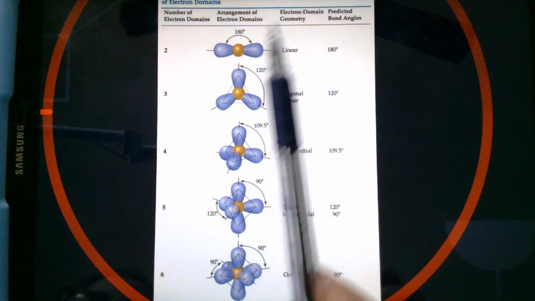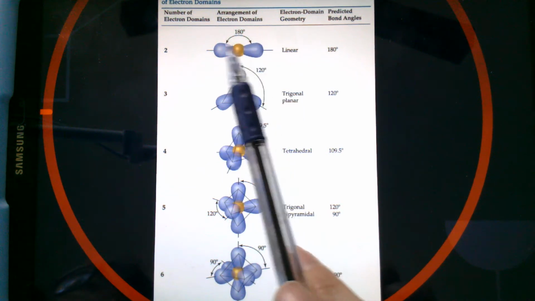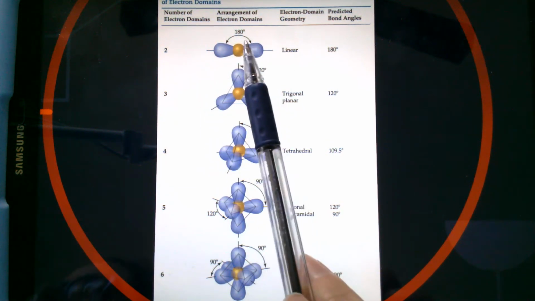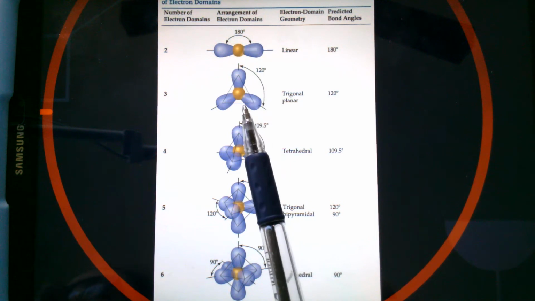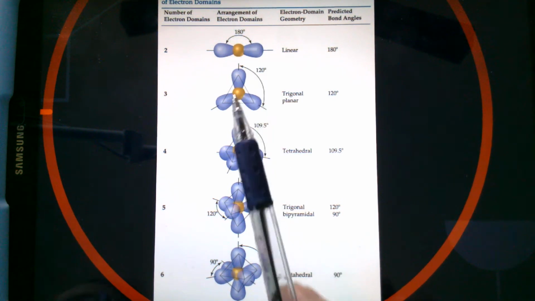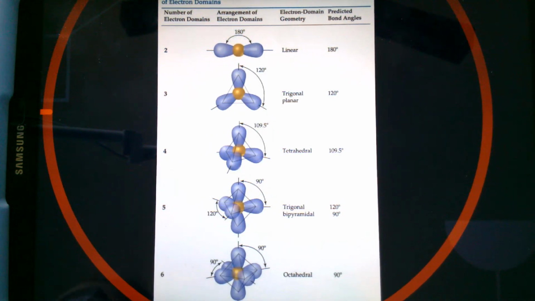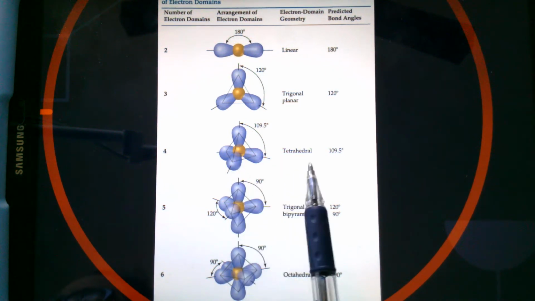These are all in a plane, so we're able to maximize our distance between atoms in a single plane for these 2 shapes. For 4, 5, and 6, we're going to be 3-dimensional. Once we add 4, we use all 3 dimensions of space and we get the tetrahedral.